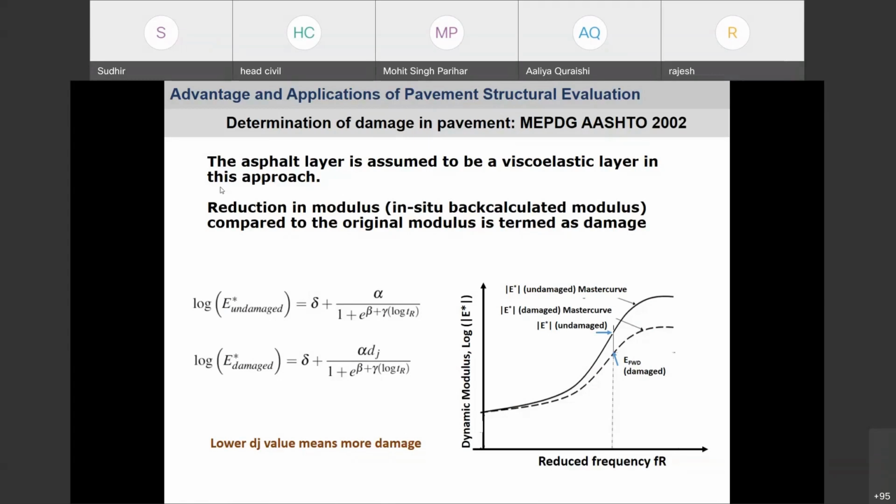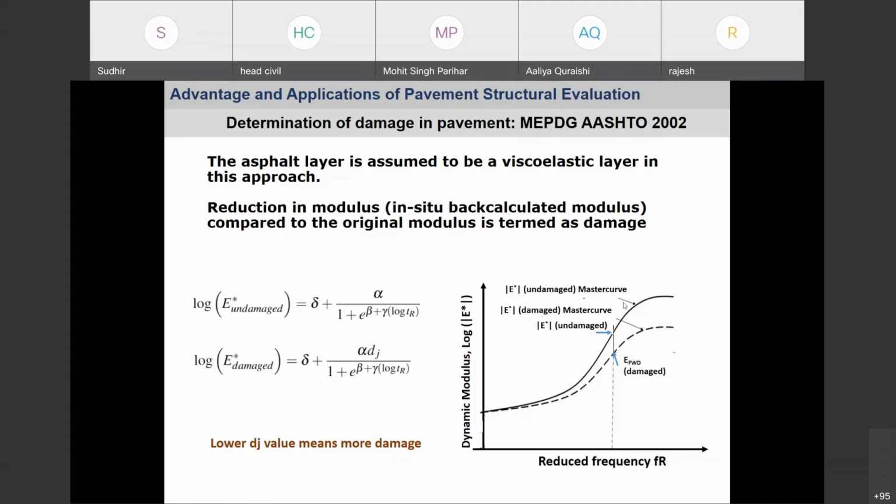viscoelastic, you will be defining your dynamic modulus with the x-axis as frequency. So you will have a dynamic modulus curve which varies with frequency. Using time-temperature superposition, you can define a dynamic modulus master curve, which will be a characteristic property of your asphalt mix.